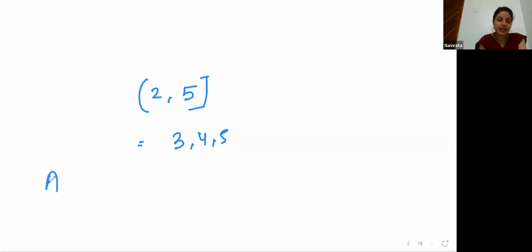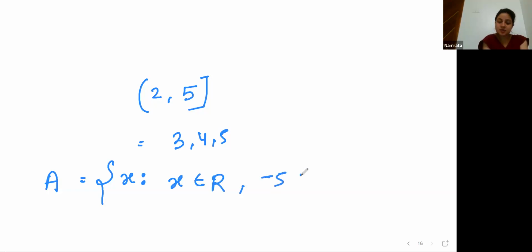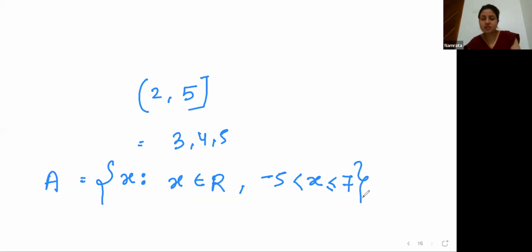Suppose we have a set A which consists of the set of all x such that x belongs to R and x lies between -5 and 7. This is a set given in set builder form. So the set is defined like this.